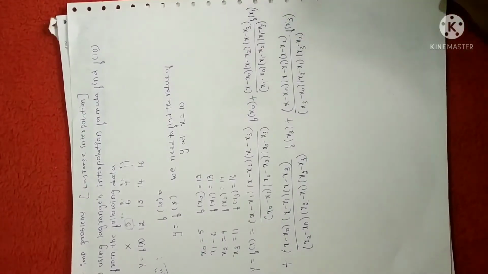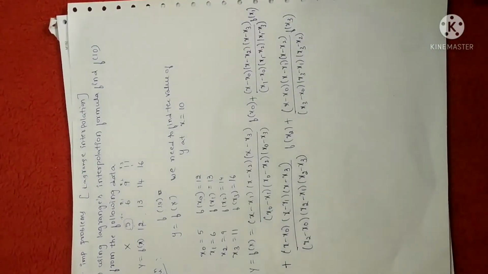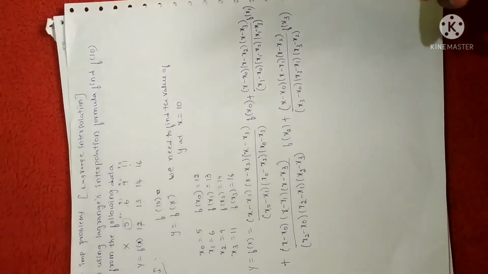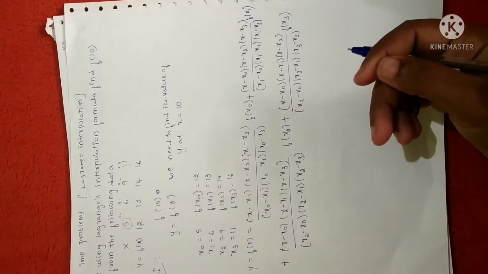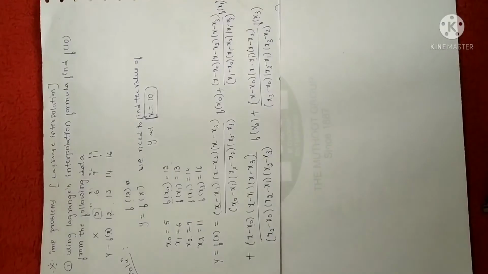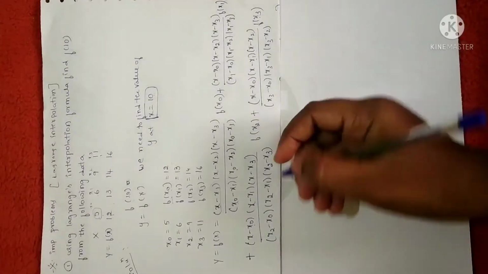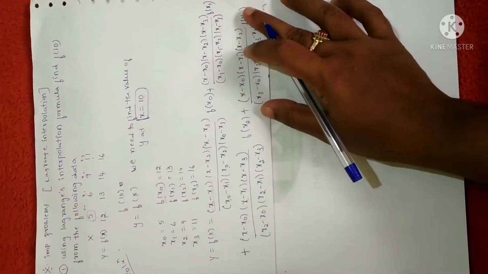For this problem only I am explaining the hint. For each and every problem I cannot explain. Please go through this video once or twice so that you will know how to remember the formula. After writing the formula we have to substitute the terms. So let me do the substitution.